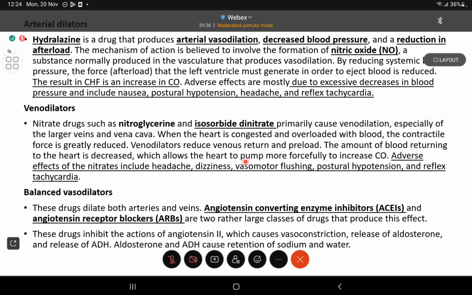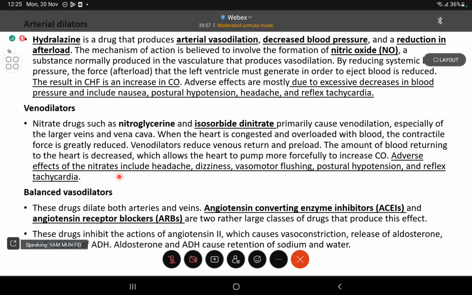Okay, that's why these are helping the patients. The adverse effects may cause headache, dizziness, vasomotor flushing, and hypotension as well, and reflex tachycardia, which is more or less similar to the arterial dilator.